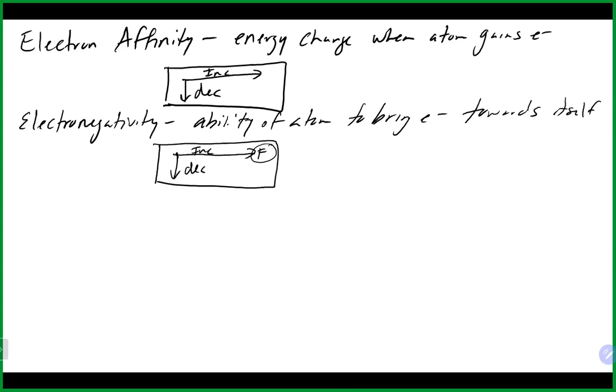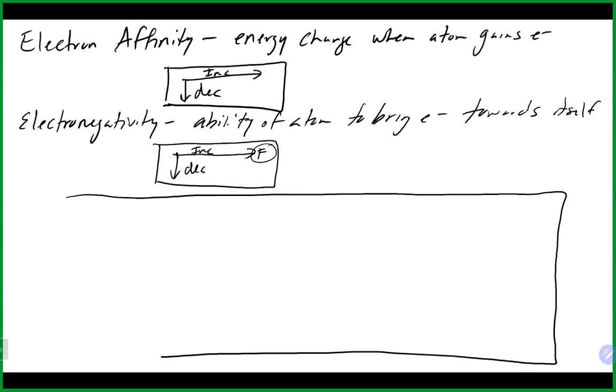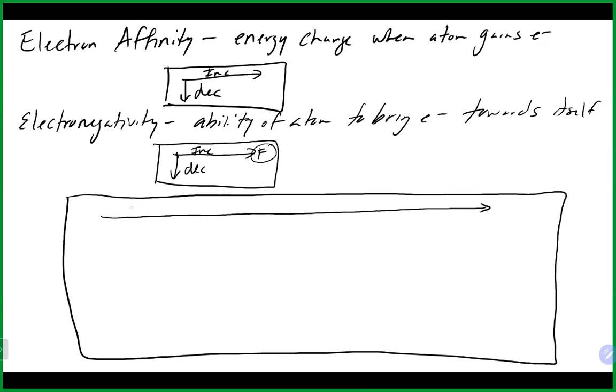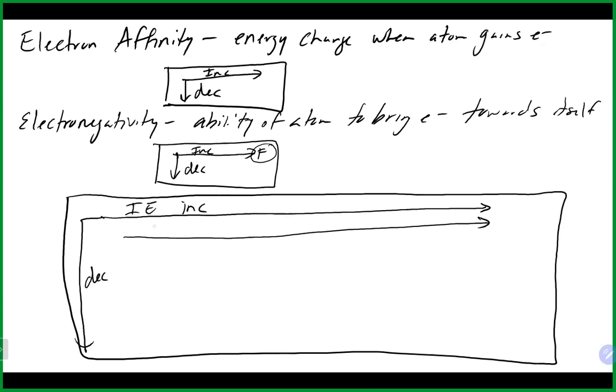So putting together all these trends that we just talked about in terms of the periodic table, as we go up and to the right, our ionization energy increases. As we go down and to the left, it decreases. The size of the atom gets smaller as you go up and to the right, and it increases as you go down and to the left.